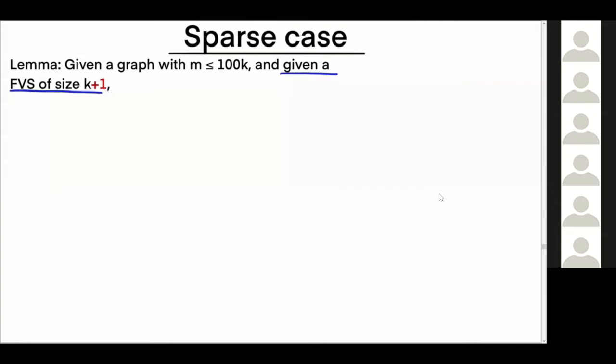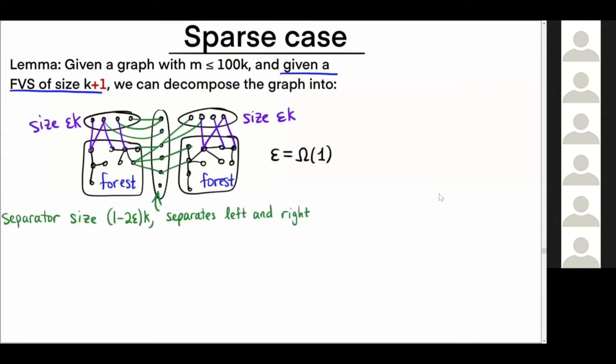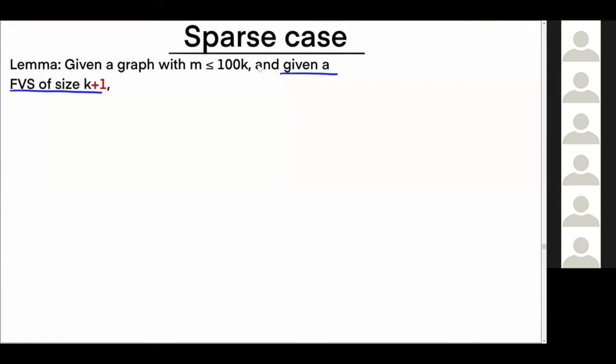Right. So our key element for the sparse case is that given a graph with m at most 100k edges, and given an FVS of size k+1, we want to construct a tree decomposition of the graph of width bounded away from k, so (1 minus epsilon) times k.